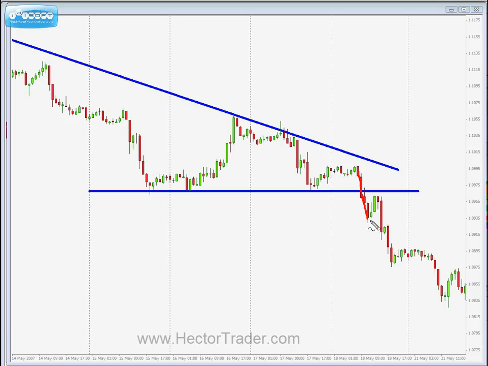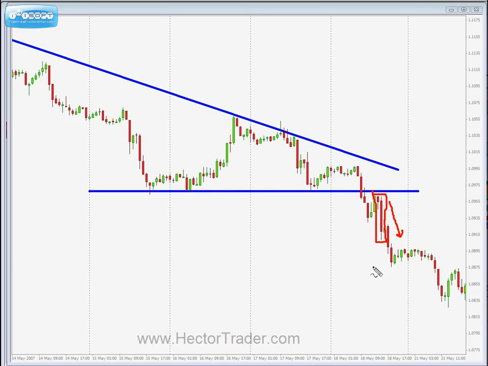Then you have 1, 2, 3 bars in green, retesting the former support level, this triple bottom. Once broken, it becomes resistance, and as you can see, price tries to pull back to that level. It finds resistance there, and then once again we have the continuation part of the breakout with a long red bar, a long momentum bar.